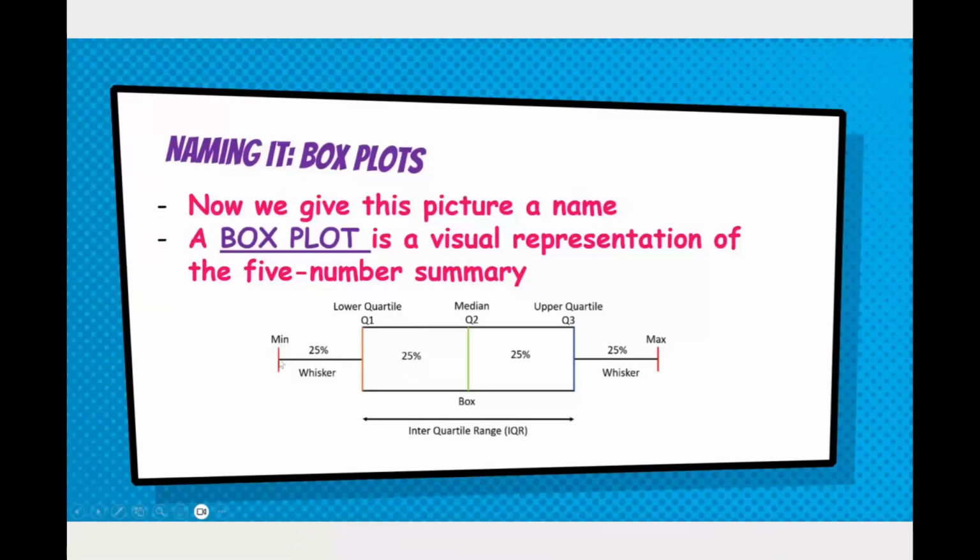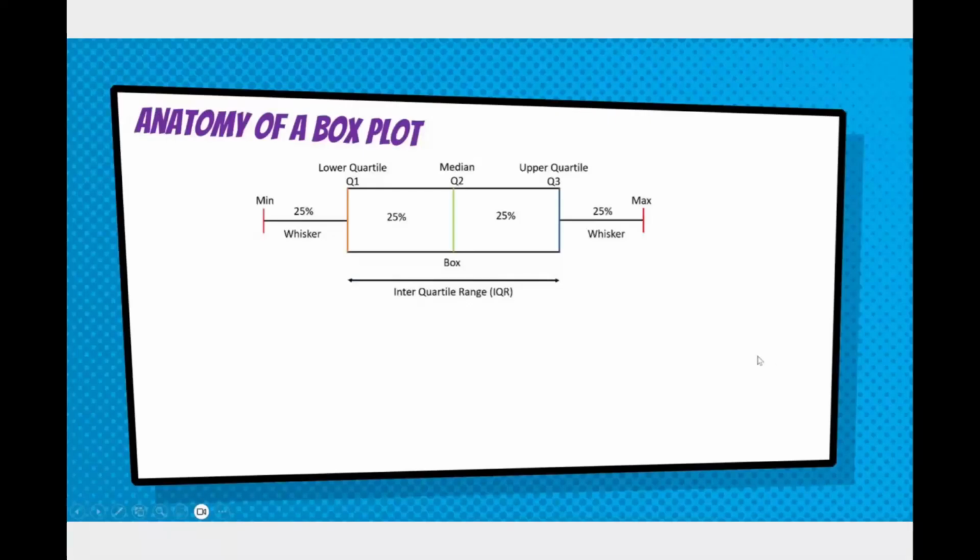It starts with a line on the far left that represents the minimum value, which was part of your 5-number summary. You draw that line to represent 25% of the data, all the way to your Q1, then your median, your quartile 3, and your max. The box represents the IQR, the interquartile range. And then these are broken down between quartiles. This is a visual representation of the 5-number summary.